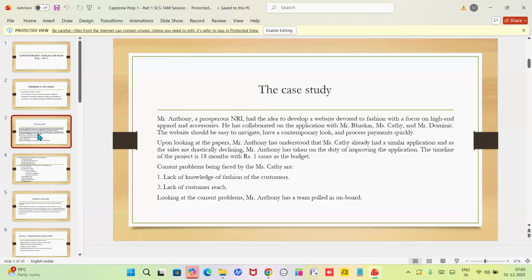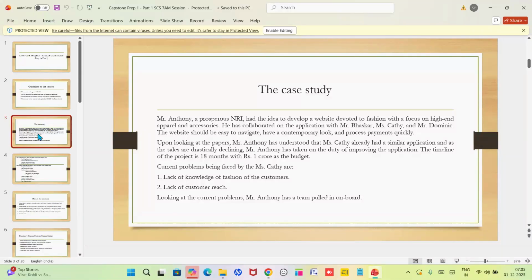He has requirements: the website should be easy to navigate, have a contemporary look, and process payments quickly.